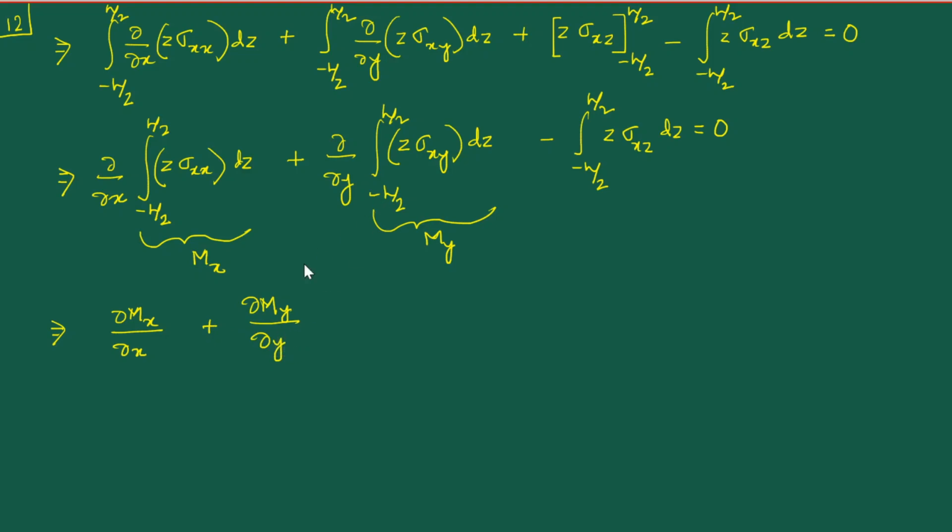Sorry, my mistake, this is mxy, because I have sigma xy here, not sigma yy. Had this been sigma yy, then this would have been my. Now, this particular term I'm going to define as qx.